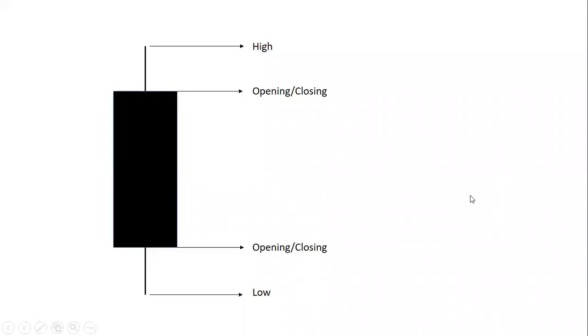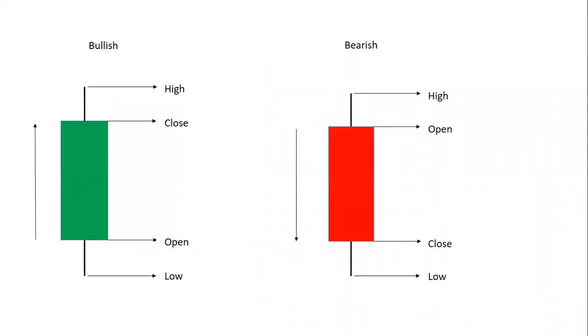Now, let us move here and see what we are talking about. This is a bullish candlestick here, right? Now, what can we get out of a bullish candlestick? I have put this in the normal colors that people use, that is green for bullish and red for bearish, right?